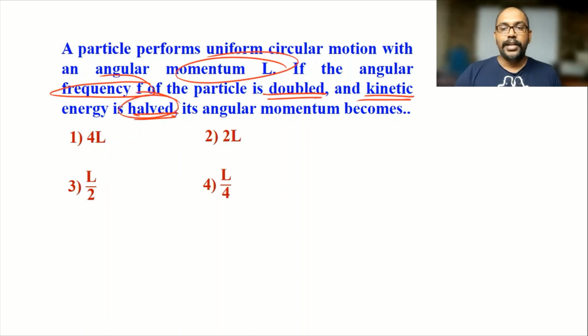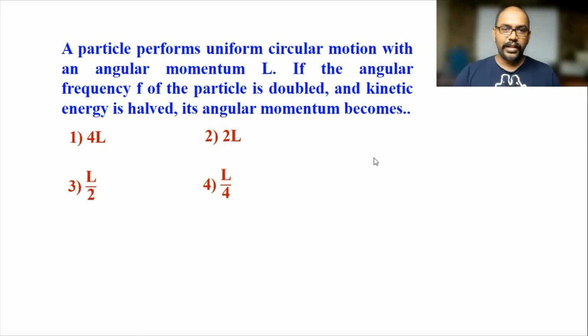Now here, we have to write the angular momentum in terms of kinetic energy and frequency, and then solve this problem. We can write the formula of kinetic energy: kinetic energy is 1 by 2 I omega square.